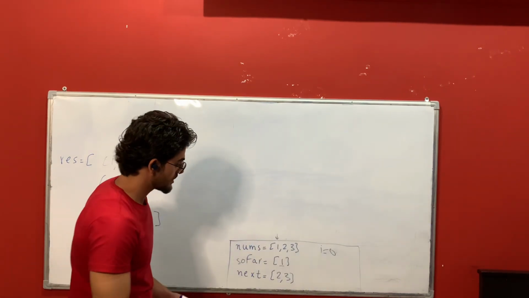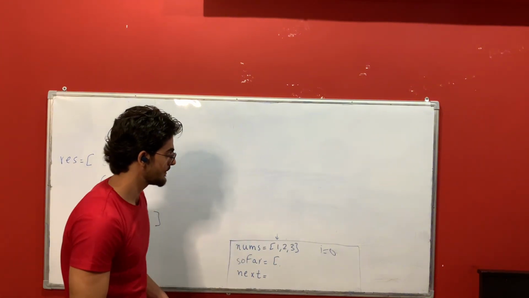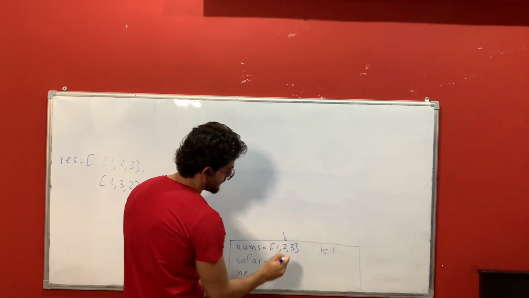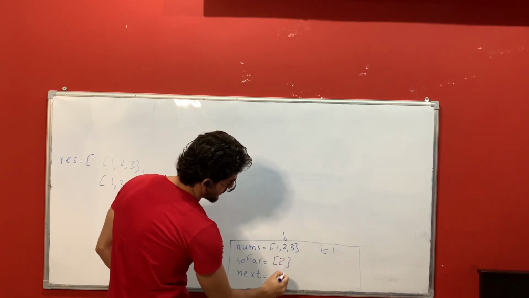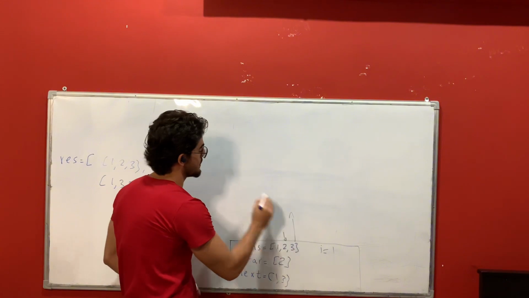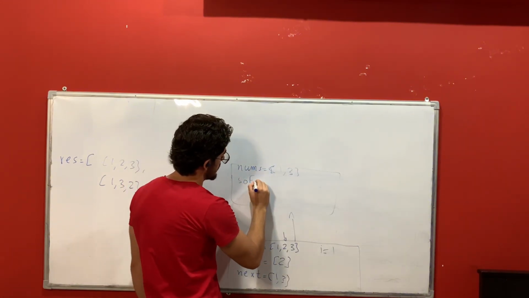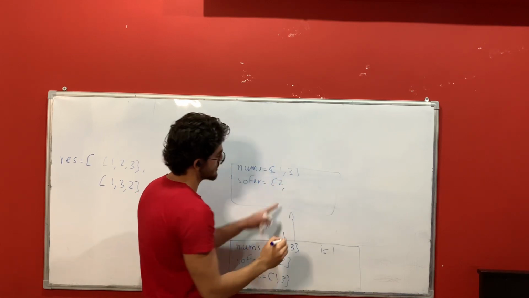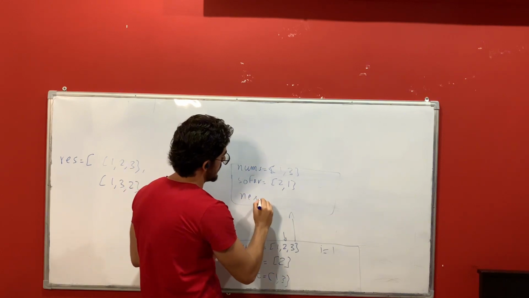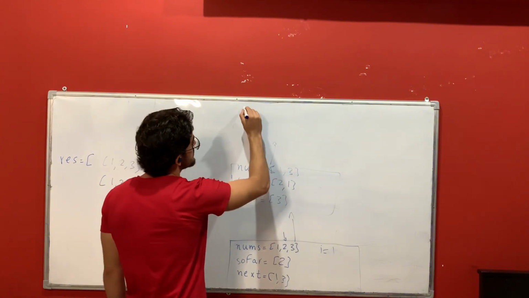We are here, so we pop 1, erase next. Now i becomes 1, so it's pointing at 2, so we add 2. The next becomes 1 and 3, and we call the next scope. So far is 2. So now i is at 0, so we add 1. The next is 3. We call the same procedure.